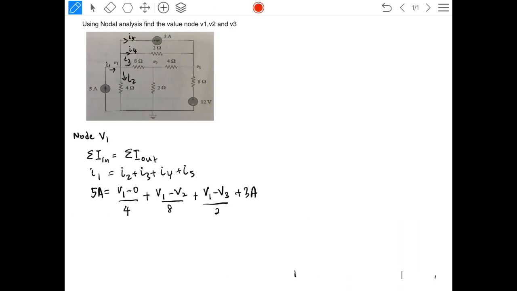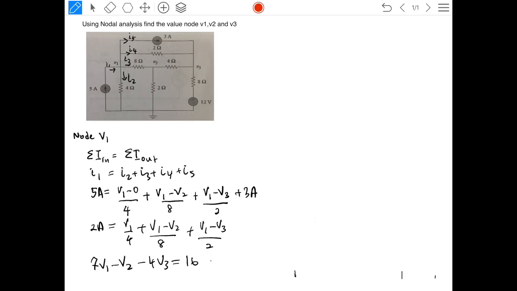So now we can simplify it. 2 ampere is equal to V1 over 4 plus V1 minus V2 over 8 plus V1 minus V3 over 2. And this will give us, if we simplify it, 7V1 minus V2 minus 4V3 equal to 16. This will be our equation 1.